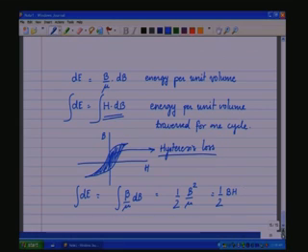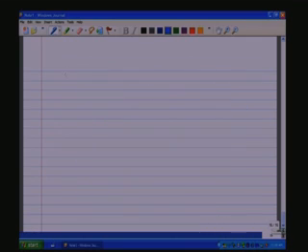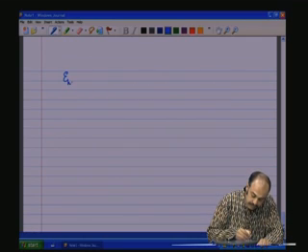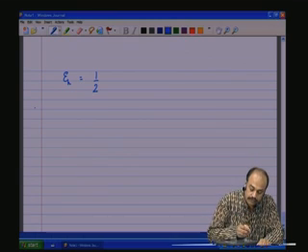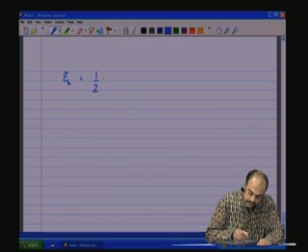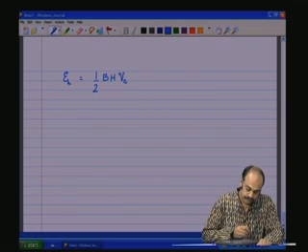Now, the hysteresis energy including core volume is given by half BH into Vc, the core volume, because that was energy per unit volume.